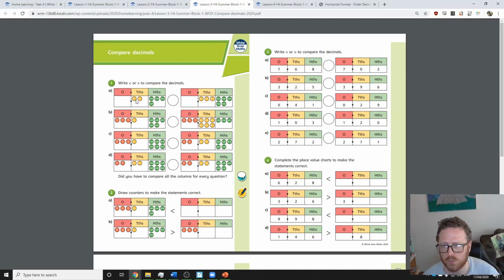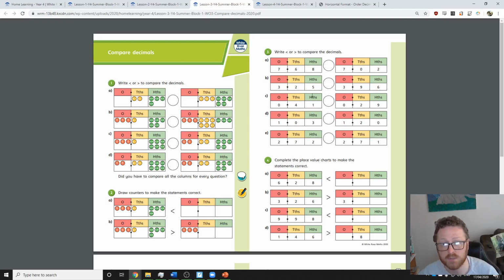So 0.24, 0.35. 0.35 is bigger, that is greater than 0.24. So the smaller number, 0.24, is going to eat the bigger number. So I'm going to make my symbol like this. I'm going to try and exaggerate it on the screen so you can see it. I'm going to try and make my smaller number eat the bigger number.